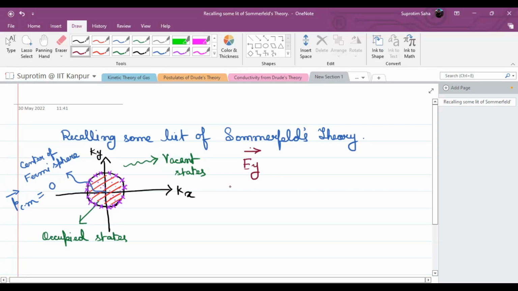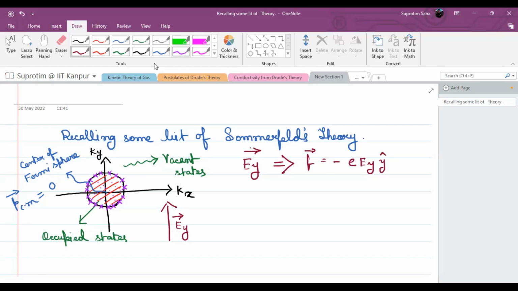All right. Now if you apply an electric field in the y direction, so this is the y direction, the corresponding force due to it will be given by minus E y cap. All right. So now the picture was like this.